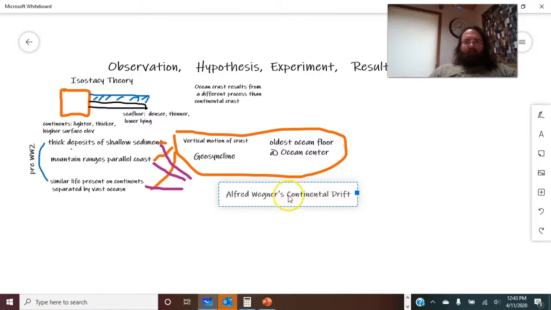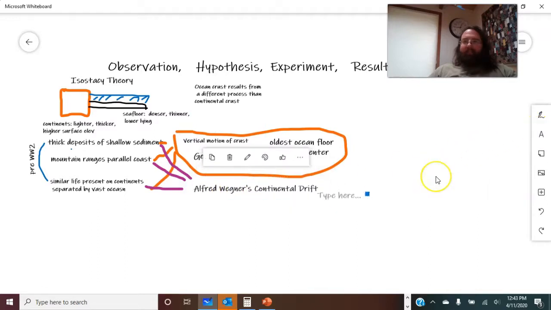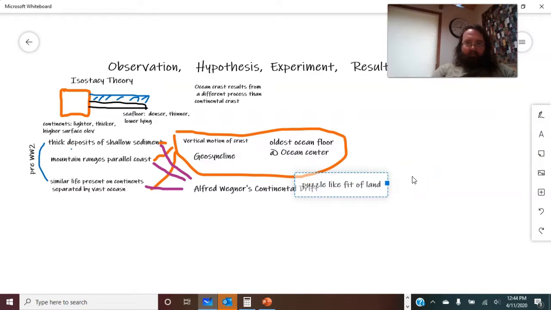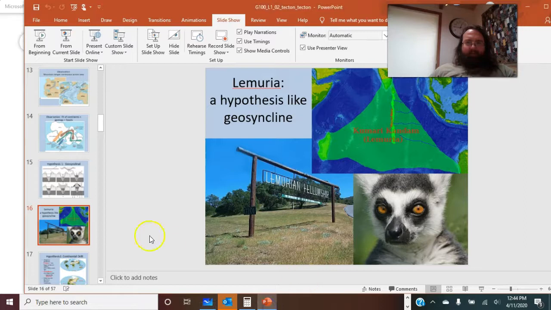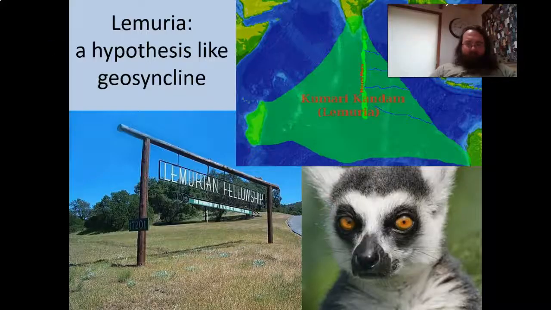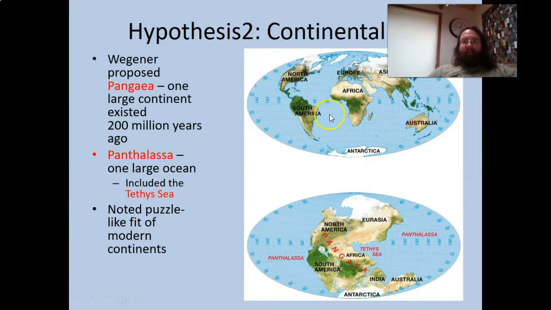It worked with the same observations, noticed the same puzzle, also noted the puzzle-like fit of the land masses. And from all these observations, he suggested that the continents had moved horizontally, plowing through the oceans, and at one point they had fit together like a puzzle piece.